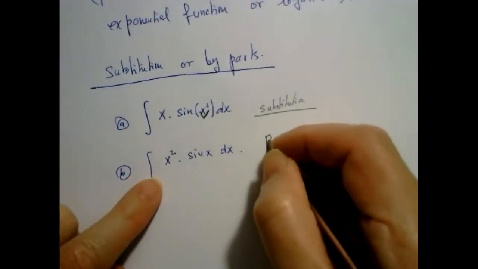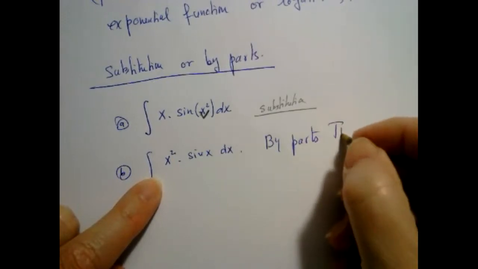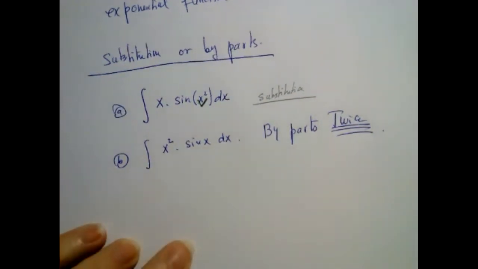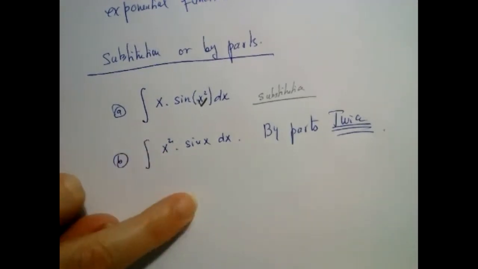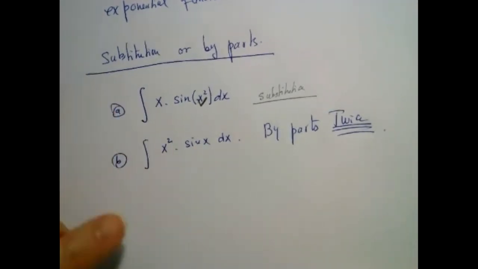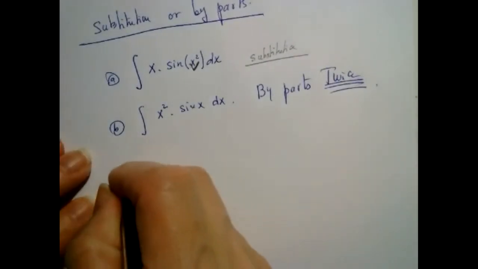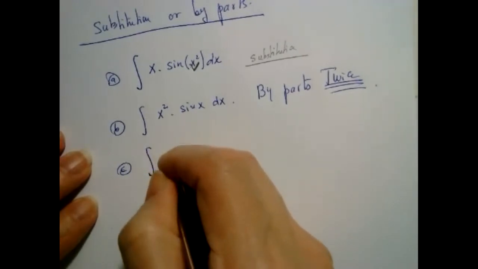That's by parts. And by parts, how many times? That's by parts twice. The first one will reduce the degree of x, giving x cosine x. The second one will give me the picture I want. It's not hard, but it just helps you focus.